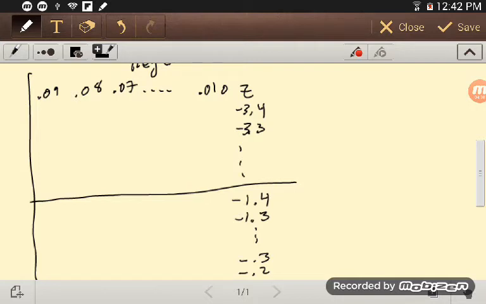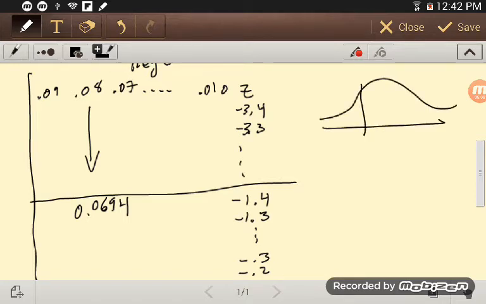Now, if I go over from negative 1.4 to this next to last column here, so I come looking down here, what I see is the number 0.0694, and what that is telling me is that if I'm here at negative 1.48, then this area over here is 0.0694, out of 1, right?